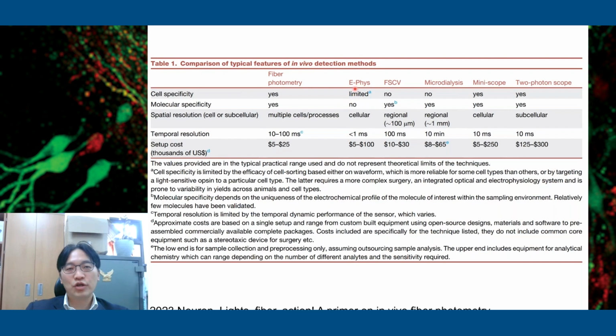I think that's the major reason that I do not prefer electrophysiology, and I prefer this miniscope because we have cellular specificity and molecular specificity within 10 millisecond temporal resolution with some setup costs that I can manage. So it depends on whether you use the DIY open source or the commercial devices. 2-photon is much more expensive.